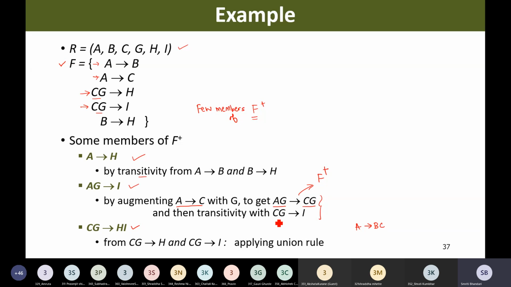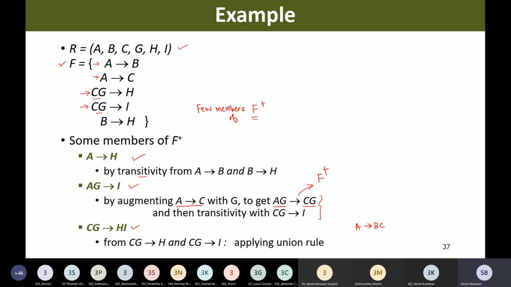Though it is not possible to manually compute all the members of F plus, you are asked to compute a few members. And by looking at and by applying the axioms, it is possible for us to come up with the new members.